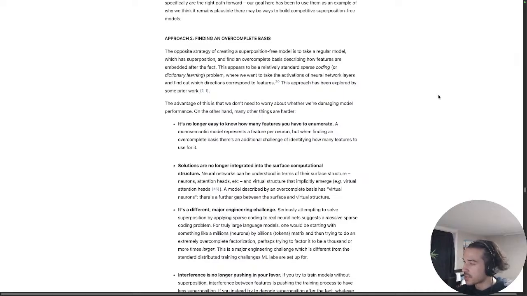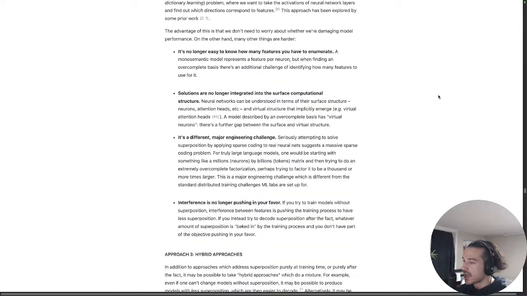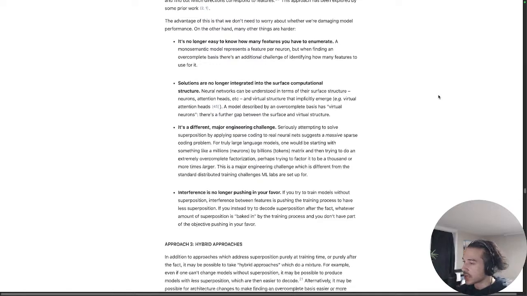Neural networks can be understood in terms of their surface structure, neurons, attention heads, etc., and virtual structure that implicitly emerge, e.g. virtual attention heads. A model described by an overcomplete basis has virtual neurons. There's a further gap between the surface and virtual structure. It's a difficult major engineering challenge.